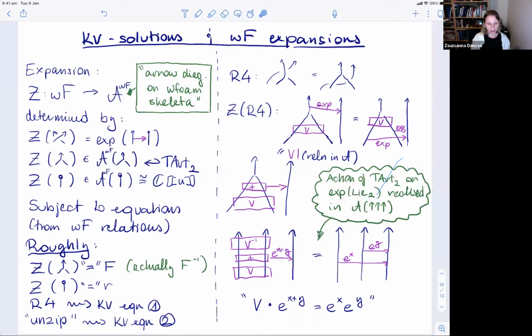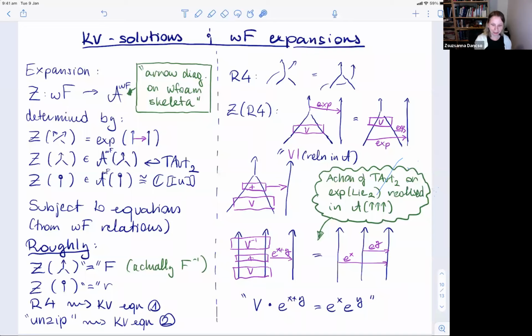And then if you look at these specific values, the value of the crossing is actually uniquely determined. And it's the exponential of the arrow, just like for tangles and for braids. The value of the crossing is some arrow diagram on that skeleton, which is the crossing.